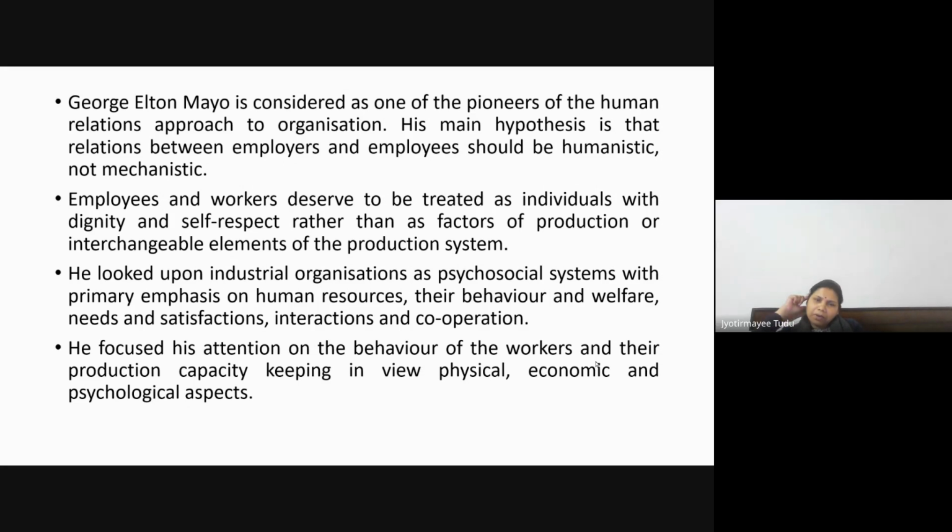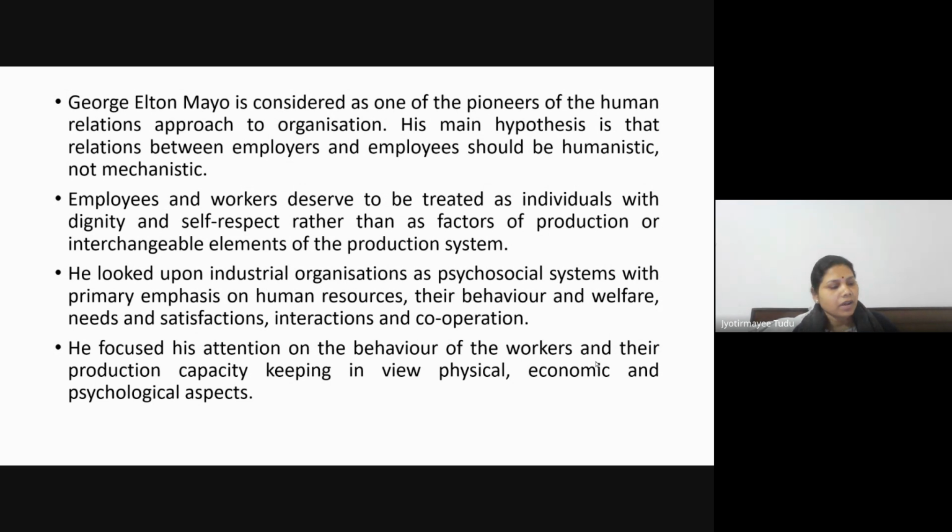So he looked upon industrial organization as a psychosocial system with primary emphasis on human resources, their behavior and welfare, need and satisfaction, interaction and cooperation.